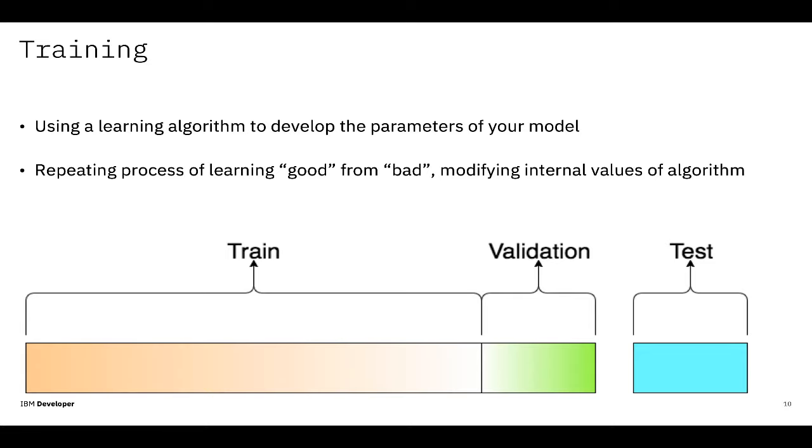And then, with machine learning, we'll take a data set and split it into three categories: training, validation, and testing. The training subset is the data used to train our algorithm. The validation subset is what we use to validate our results, and that's how we determine the accuracy of our model.